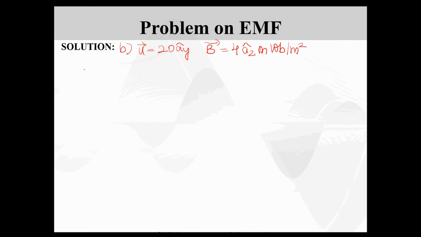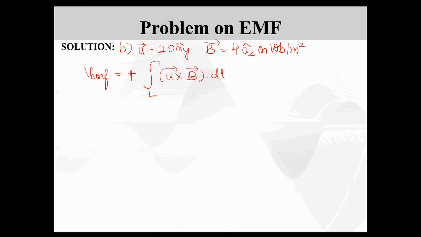The expression for motional EMF is given by V EMF is equal to minus of the integration over a path L of u cross B dot dl. So we need to observe that in this particular expression, the negative sign is implicit and it is taken care of by the cross product of u cross B. So the Lenz law negative expression will be taken care of by the cross product.